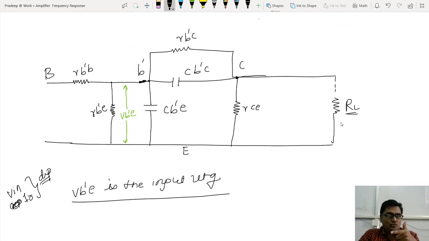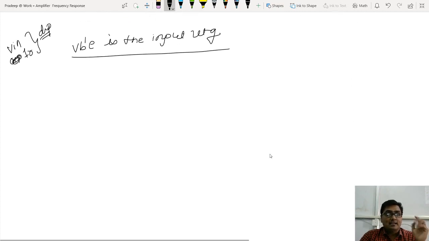So do I need to show the collector current as I showed in the hybrid model? In the hybrid model, the collector current IC was h fe times IB. Do I need the same thing here? No. Here I will consider a transconductance. This term is purely new for me now. Transconductance, gm. What is that gm? It is transconductance. I'll write it here.